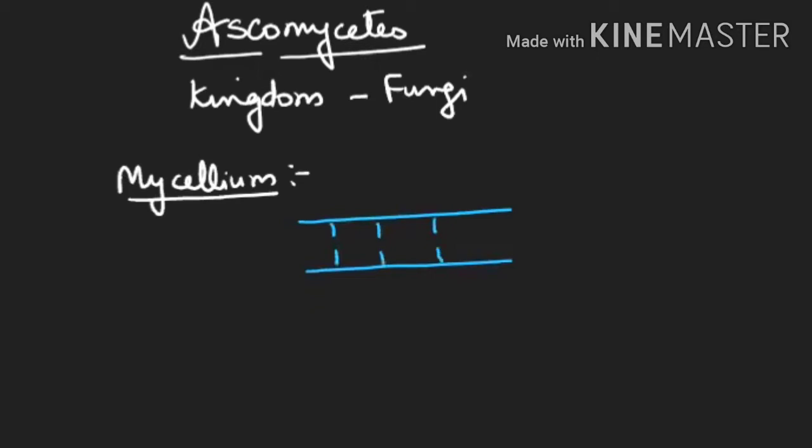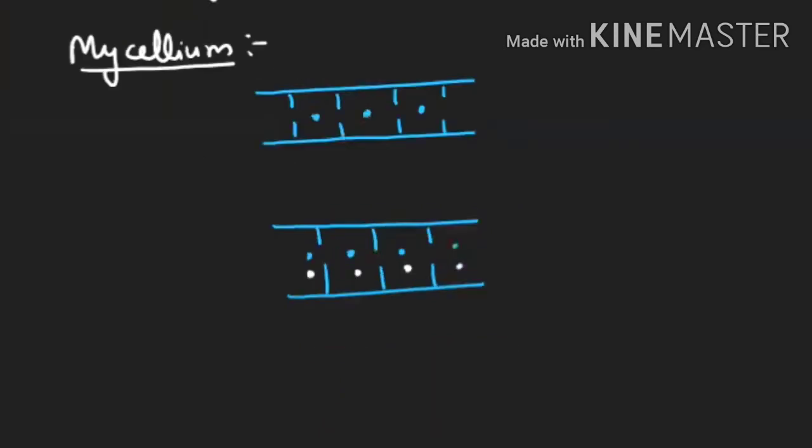There can be two types of mycelium present. This is monokaryon mycelium, or it can be dikaryon mycelium. Monokaryon means only one nucleus, dikaryon means two different types of nucleus.